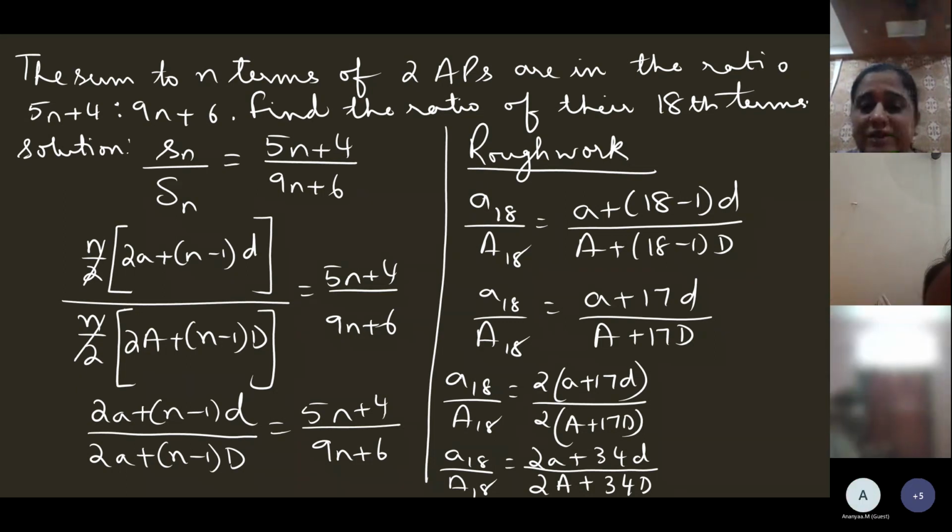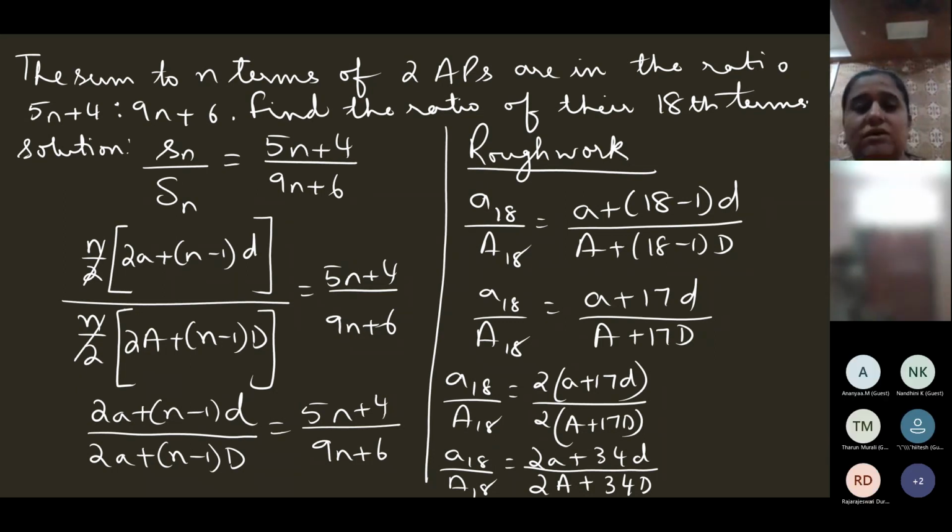In both the APs, it is a sum to n terms. So n is n in both, but the first terms and the common differences are different.